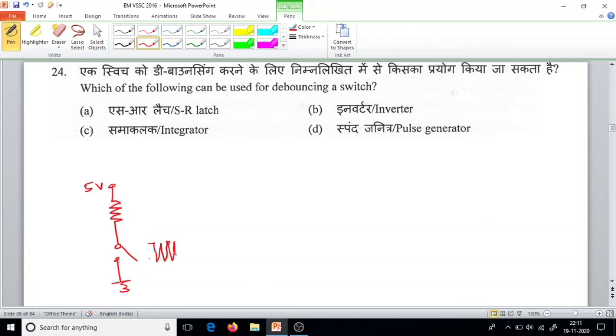It will give a fluctuation like this, then it will go to low. This is the debouncing of the switch. Before going low or high, it is going high and low intermittently. It is not going perfectly to low or high. It's like a spring vibrating. Pulses are coming. So to avoid this, an SR latch is used.